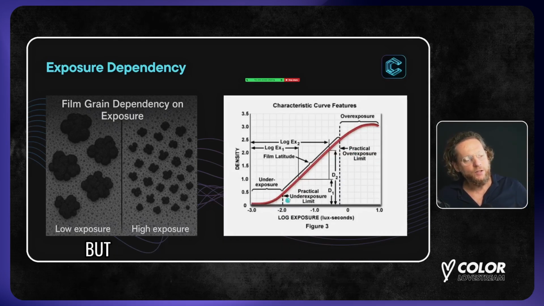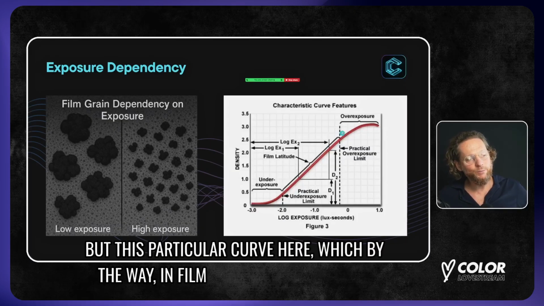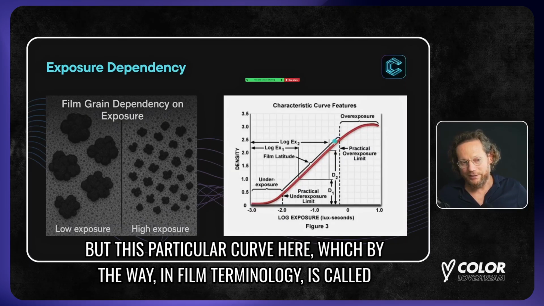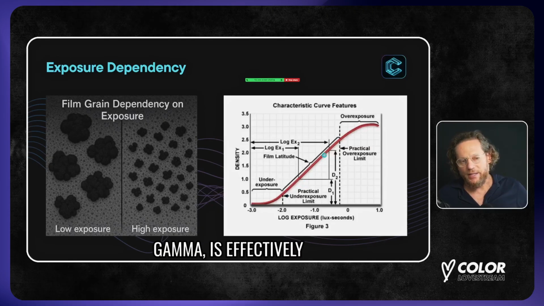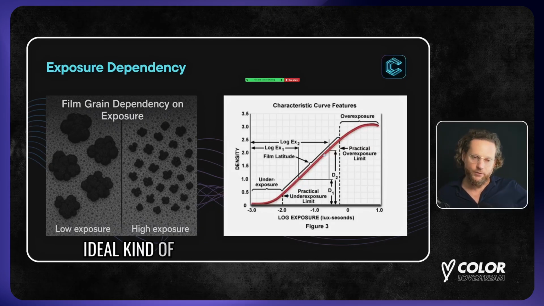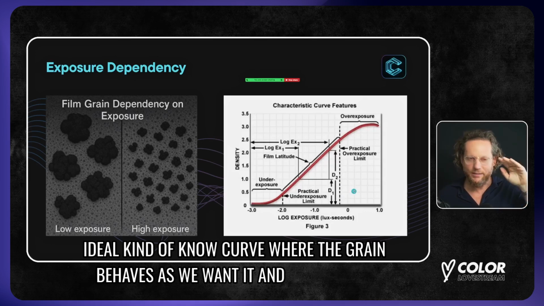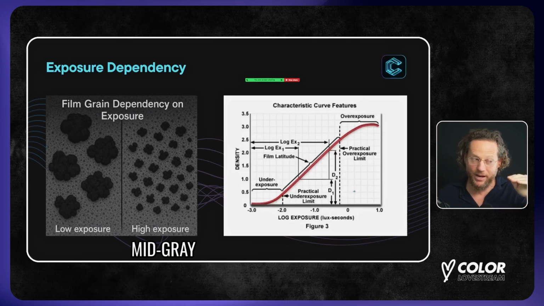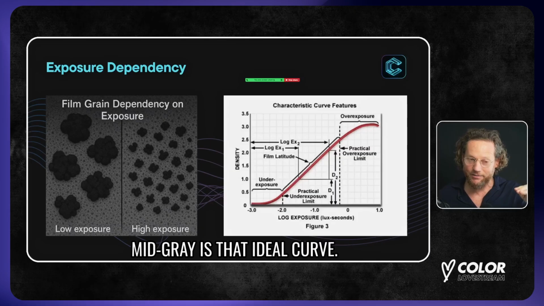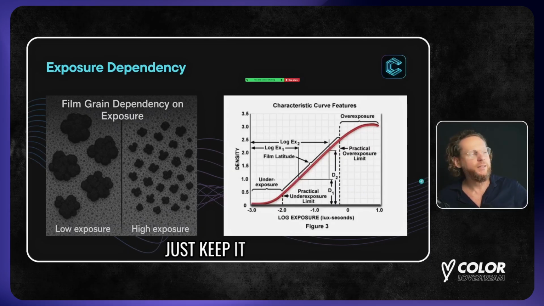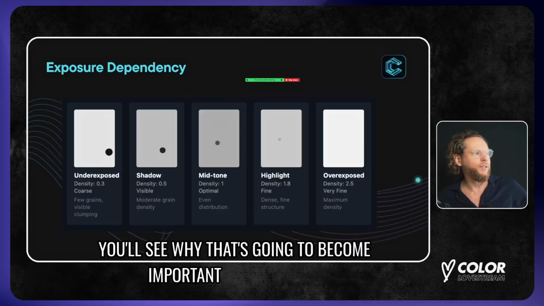But this particular curve here, which by the way in film terminology is called gamma, is effectively an ideal curve where the grain behaves as we want it. And keep that in mind. Mid-gray is that ideal curve. Just keep it in mind. You'll see why that's going to become important very shortly.